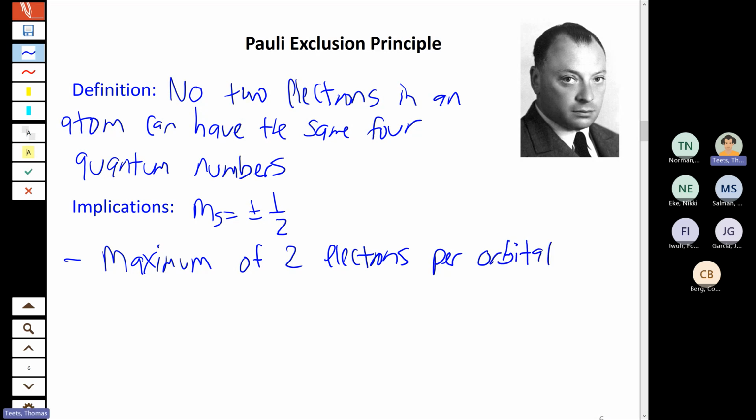If you tried to put more than two electrons in an orbital, or you try to put two of them in with the same spin, then that would result in those two electrons having the exact same set of quantum numbers, which is not allowed by this principle.